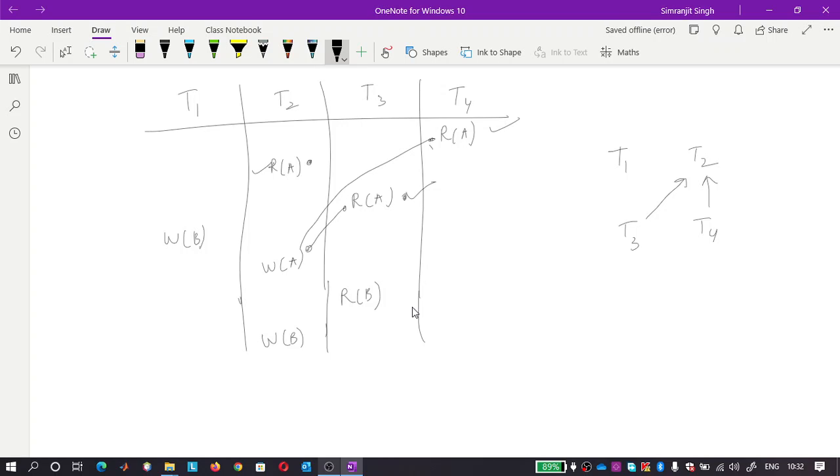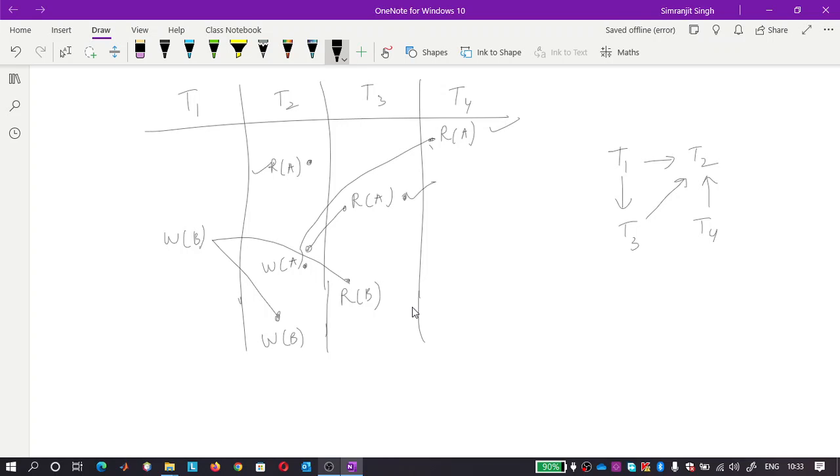Now the next operation in time will be WB. You can see the conflict here, WB here and the conflict there. So T1 to T2 and T1 to T3. These are the arrows I've written here. Now the next operation will be WA.